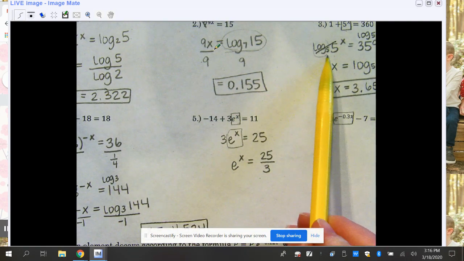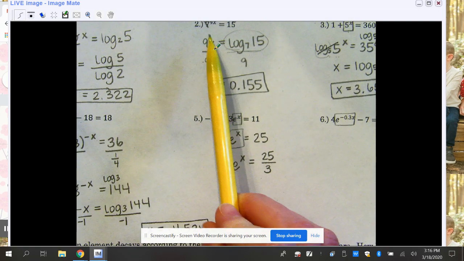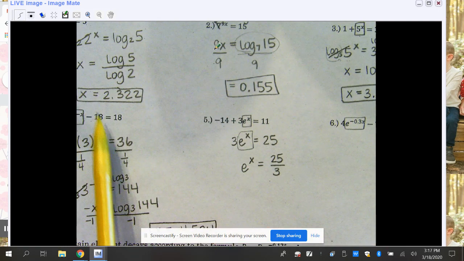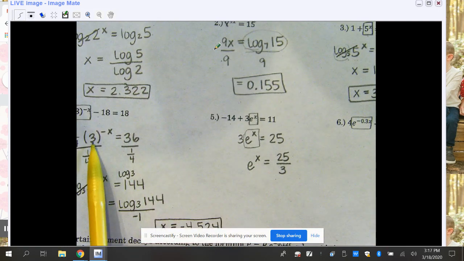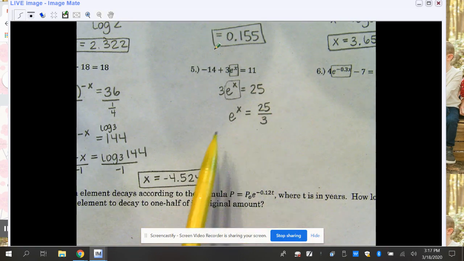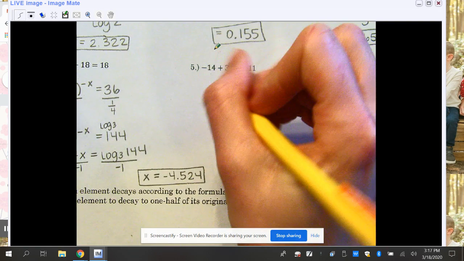So exponent base 5, log base 5. Base 7, log base 7. Base 2, log base 2. Base 3, log base 3. So what kind of log has a base of e? Well, that, my friends, is the natural log.